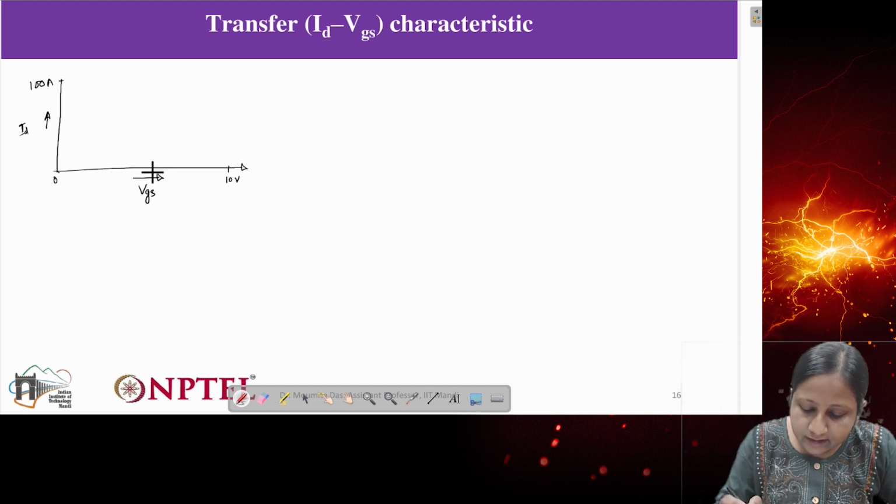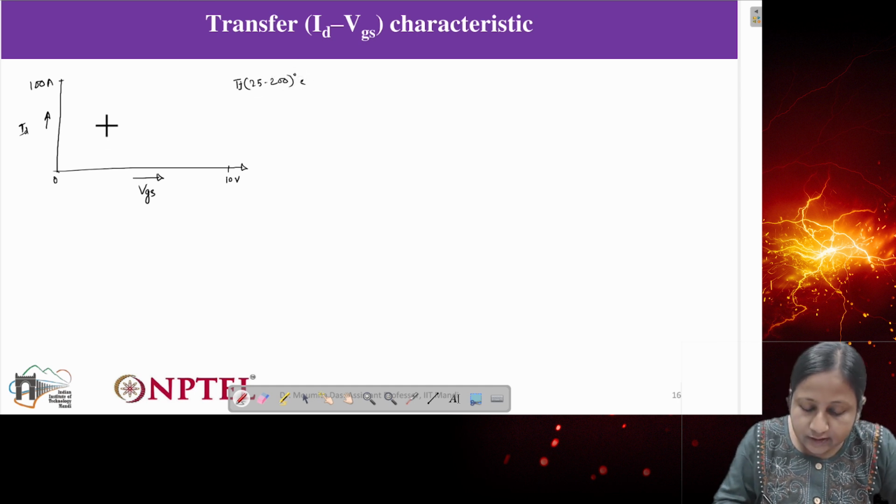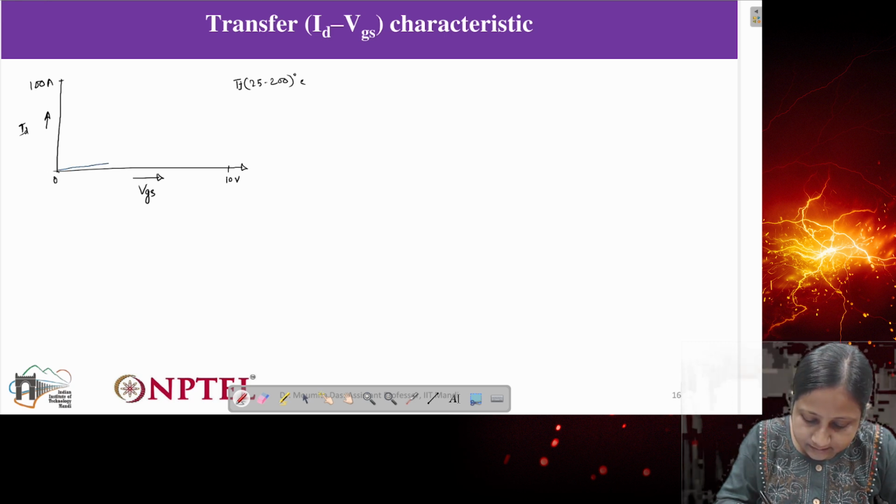Then for different temperatures we can consider the junction temperature of the device, let's say 25 to 200. This condition we have used for the junction temperature. Then the characteristics will vary like this.